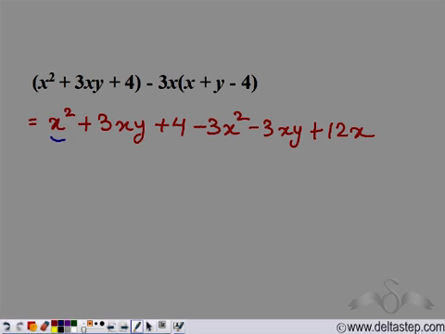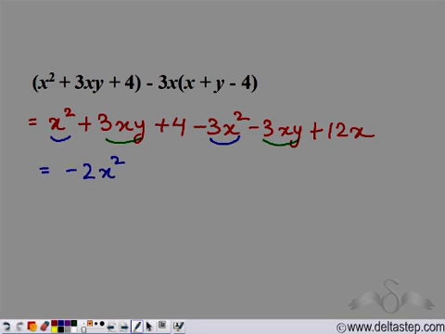So we have an x square term here. We have an x square term here. So yes, these two are like terms. So x square minus 3x square can be written as negative 2x square. Again, we have a plus 3xy minus 3xy. So these two get cancelled.